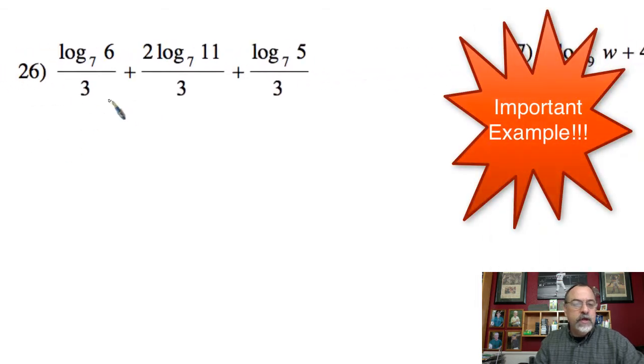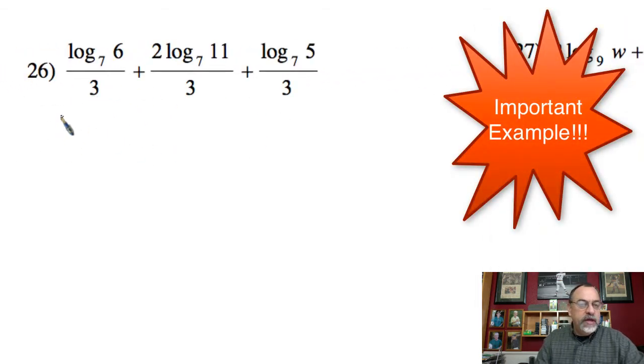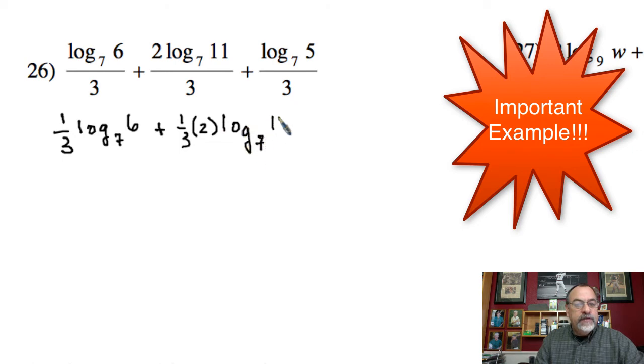But okay, so we have these fractions, so we want to put those out in front of all of these. So this log base 7, that 1/3 goes in front, and this is going to be 1/3. Now there's already a 2 here, so don't forget that that's still there. Log base 7 of 11 plus 1/3 of, let's see, log base 7 of 5.